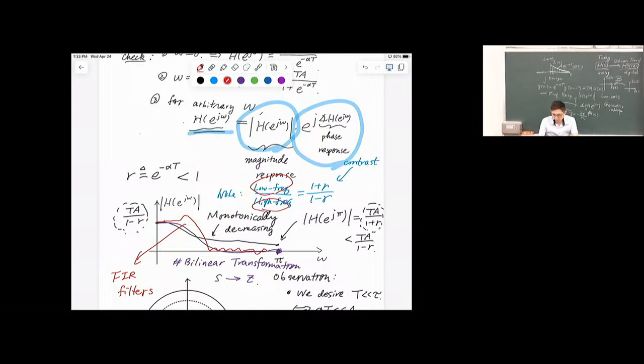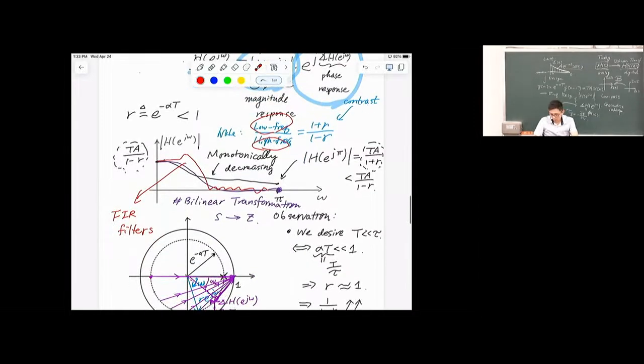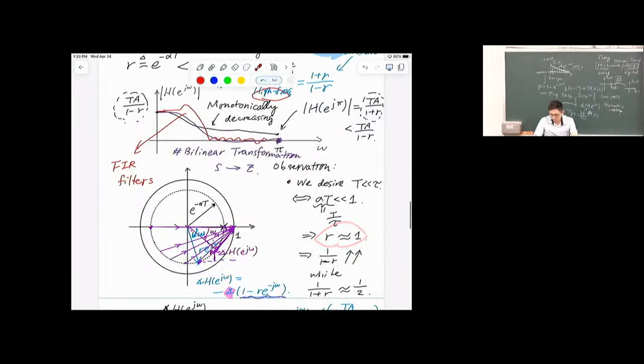So when we divide that, we desire this number to be the higher the better. We want this quantity to be high, and as you notice, this quantity is controlled by R. So when R approaches 1, that means we have high contrast.